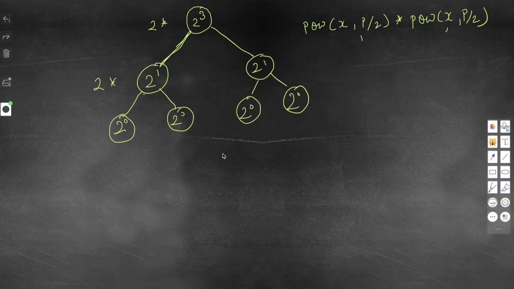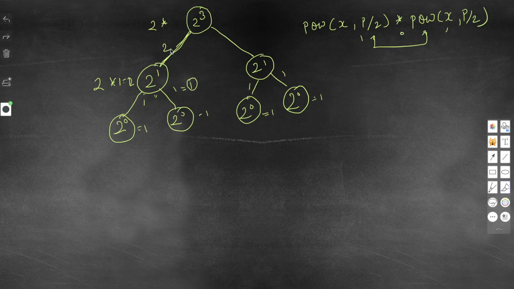This is our base case, so it is going to return 1, correct? From left and right, once we get the answer, we need to multiply them. So 1 into 1 is 1. As 1 is odd, I multiply the result 1 with x, that is 2, so 2 into 1 is 2.